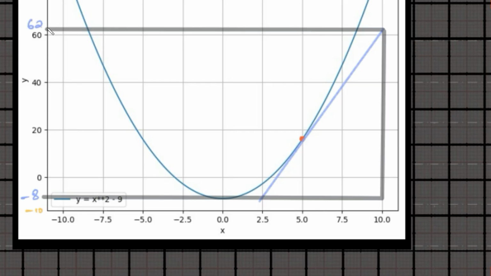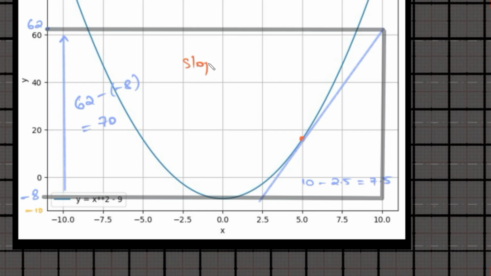So this is 62. We'll consider that as 62. So the run is moving from minus 8 to 62. So this is 62 minus of minus 8. So this is a positive slope, as in when we are moving right, it is going up. So we have a difference of 70. And our run is 10 minus 2.5, that is 7.5.